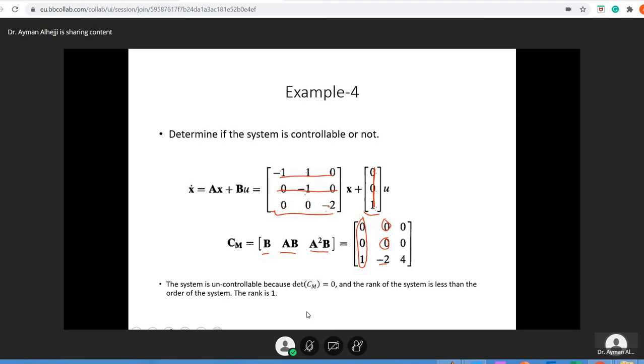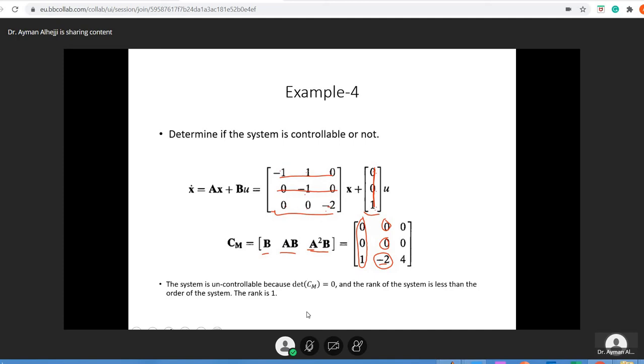And I put minus 2 here. Now let's go to the last part, which is A squared times B. I need to square A first and then multiply by B, and I got 0, 0, 4.